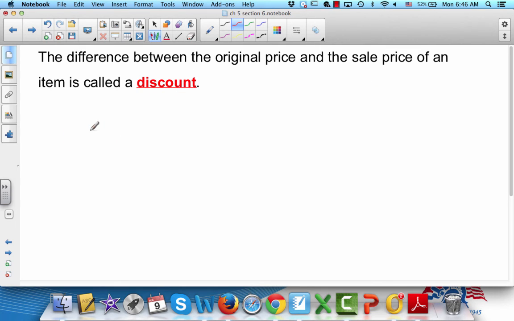So the store might have originally wanted to sell something for $10, and for some reason it didn't sell well, so they discount it to $9. So it had a $1 discount. Or it could just be the end of the season, and they want to get rid of the old items and bring in new items, so they discount the price.